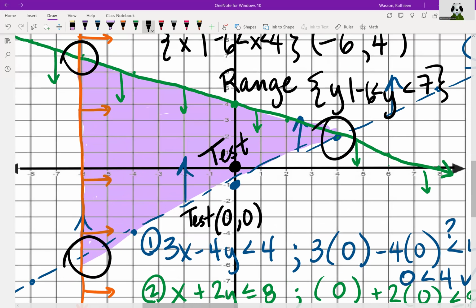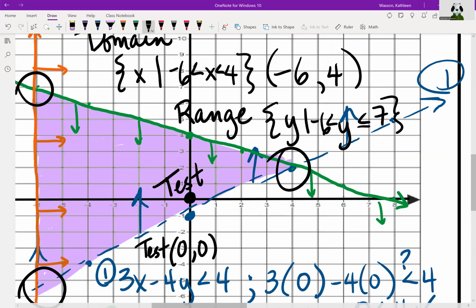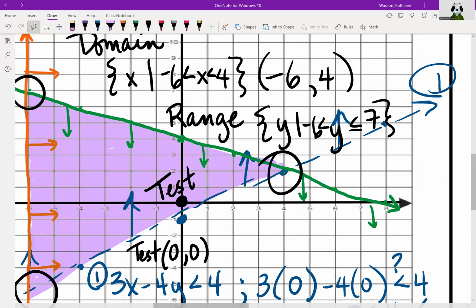And at 7, I have 2 solid lines. So here, 7 is a solution for my system, your range. In interval notation, I would write -6, 7. -6 is open because of the dashed boundary, and the 7 is closed because of the 2 solid line intersection.